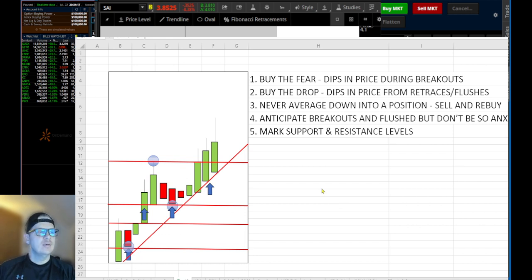So, wanted to cover a few bases here as it relates to stock charts, price action, support levels, and resistance levels, things of that nature, right? So, I drafted this chart here. Obviously, let's say this is a 1 minute time frame.